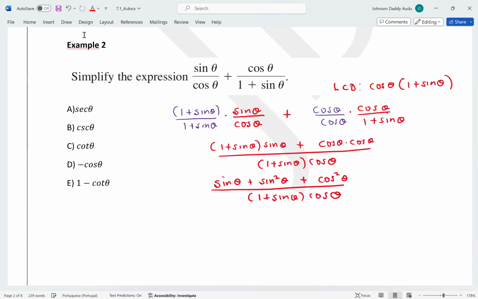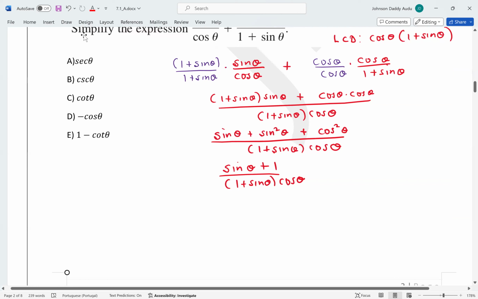So we can now use the Pythagorean identity. Sine squared theta plus cos squared theta is 1. So here becomes sine theta plus 1 over 1 plus sine theta times cosine theta. And what does this mean? We can rewrite it because addition is commutative.